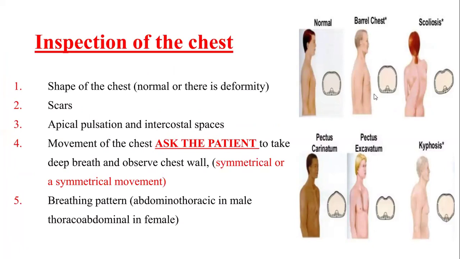If it is a barrel chest, they will show a chest that is rounded up like a pipe. A pipe is round, so that is how the chest is going to look. Is it bent in some way? Is it presenting with scoliosis? Is it pectus carinatum, pectus excavatum, or kyphosis?